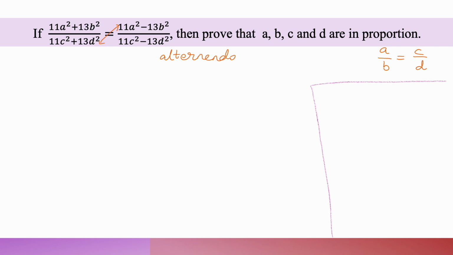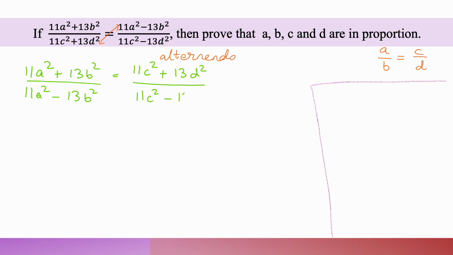We get (11a square plus 13b square) upon (11a square minus 13b square) on the left hand side, and the right hand side is (11c square plus 13d square) upon (11c square minus 13d square).